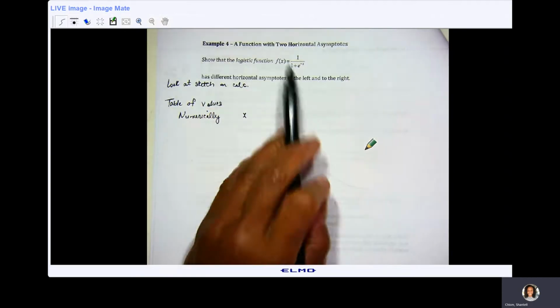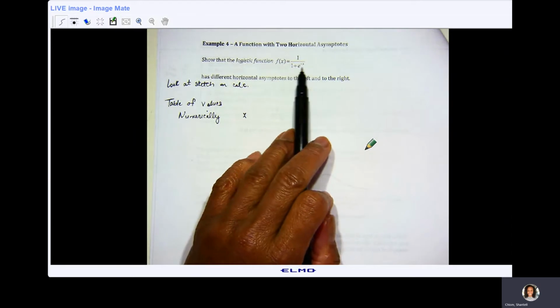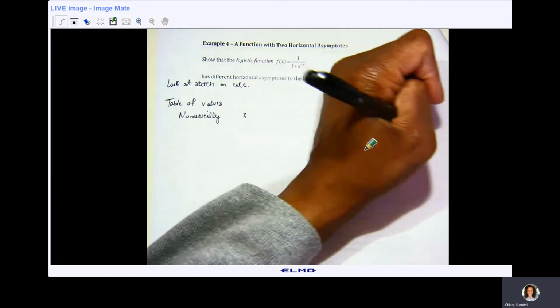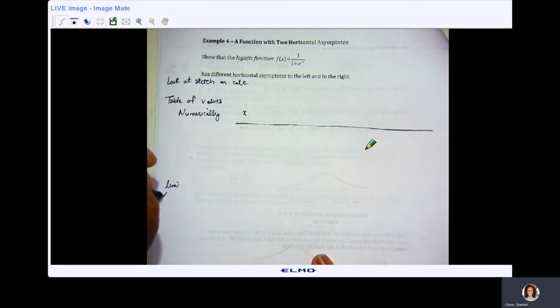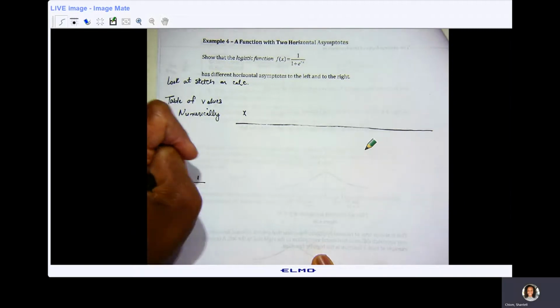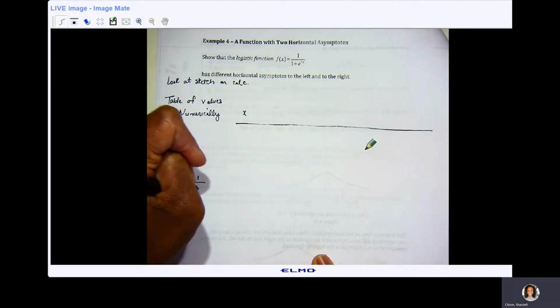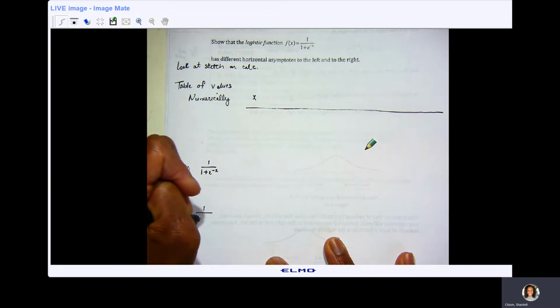We've got our function is 1 over 1 plus e to the negative x. So I'm going to look at the limit for both of these. The limit as x approaches negative infinity of 1 over 1 plus e to the negative x, and the limit as x approaches positive infinity of 1 over 1 plus e to the negative x.